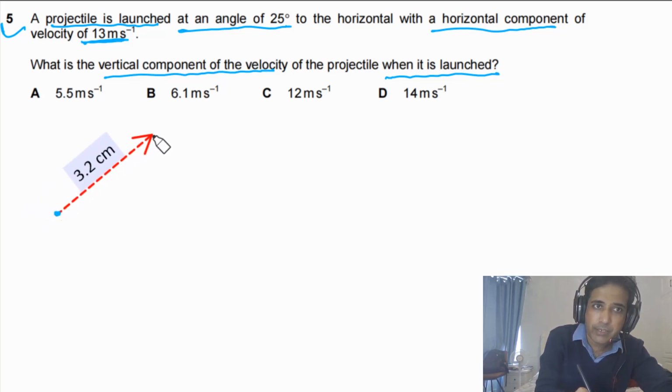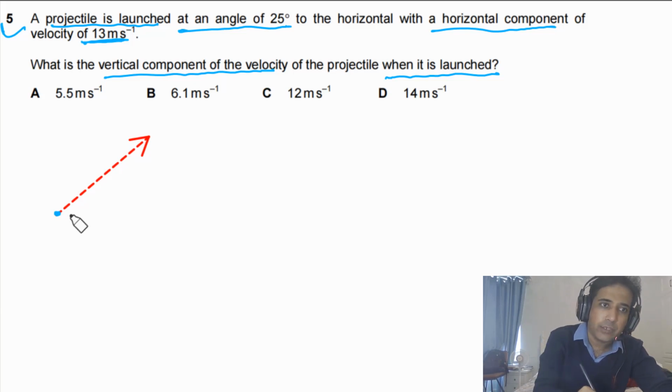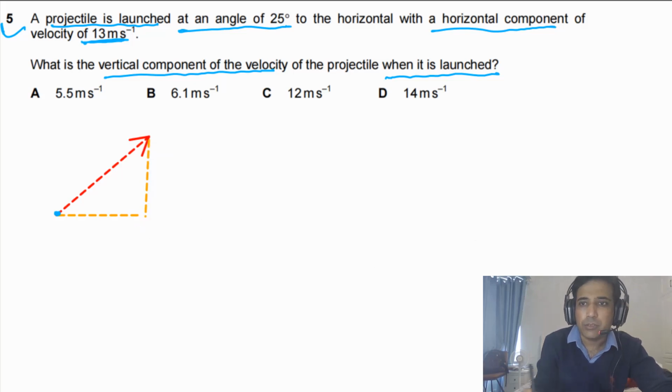So this is representing the velocity of this projectile. And this projectile has two components, so we can use different colors. So it has one horizontal component, so we can draw here. So this is representing horizontal component, and we have one vertical component. So this is representing vertical component.